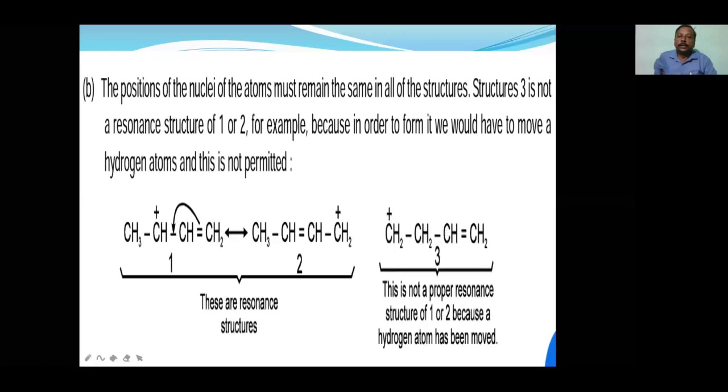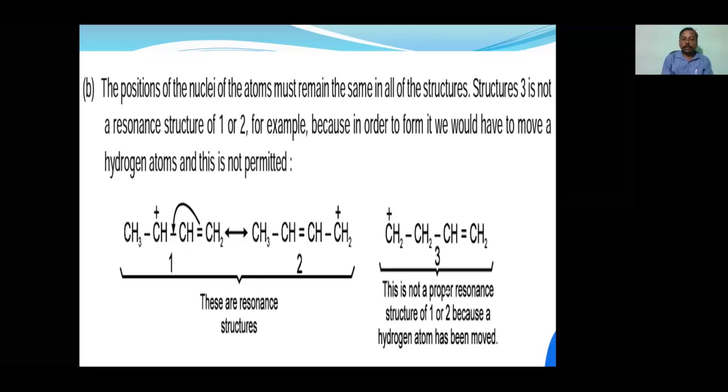After the Lewis dot structure condition is proper, the second condition is that the position of the nuclei of atoms must be the same in all structures. You cannot change the position. If you change the position, they are not resonance structures. They may be called isomers. Like here, 4 carbon atoms are there, and here also 4 carbon atoms.